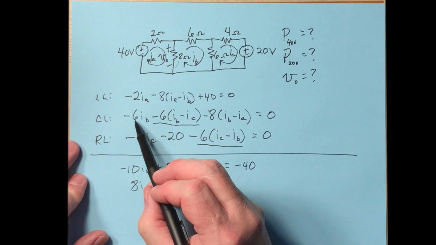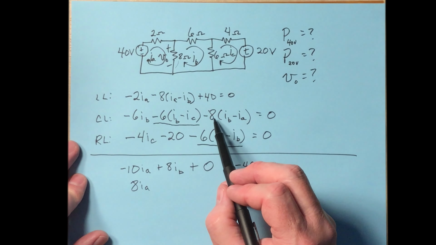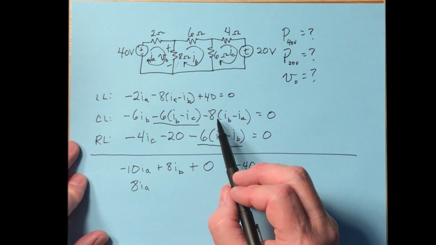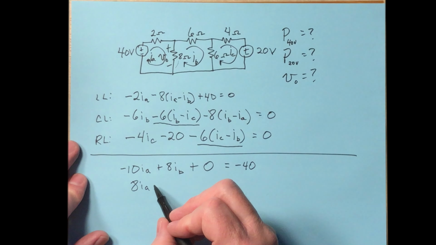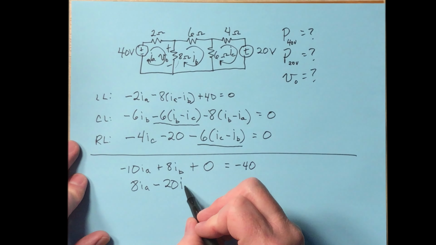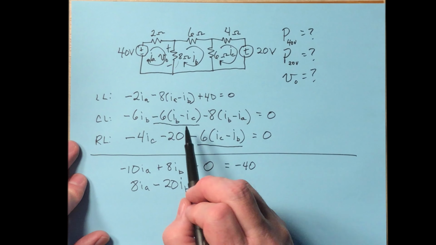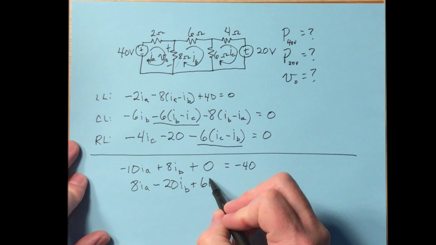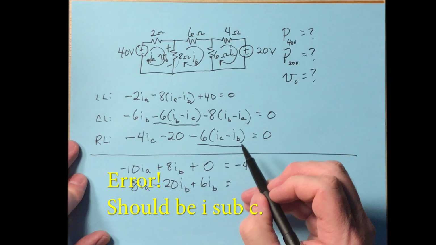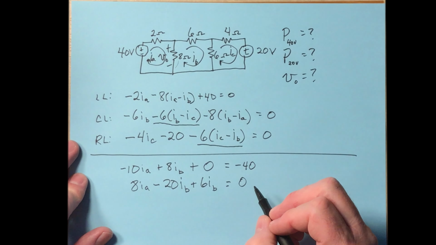We're going to have, let's see, negative 6 and negative 6 and negative 8. So that's 12 plus a 20. So that's negative 20 I sub B. And then I sub C looks like we're going to have plus 6 I sub C. And that's equal to, there are no constant terms over here, so it's equal to 0.